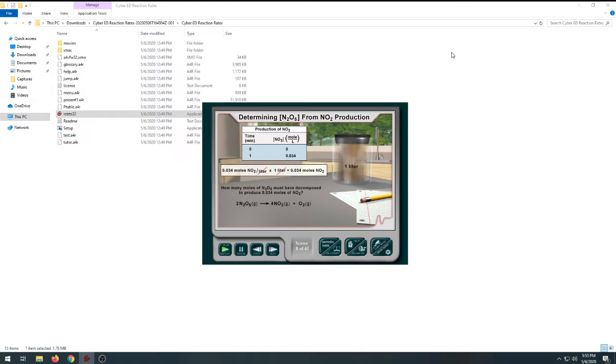As you can see from the balanced equation, for every 2 moles of dinitrogen pentoxide broken down, there are 4 moles of nitrogen dioxide created. Multiplying 0.034 moles of nitrogen dioxide times the conversion factor of 2 moles of dinitrogen pentoxide for every 4 moles of nitrogen dioxide shows that 0.017 moles of reactant decomposed.